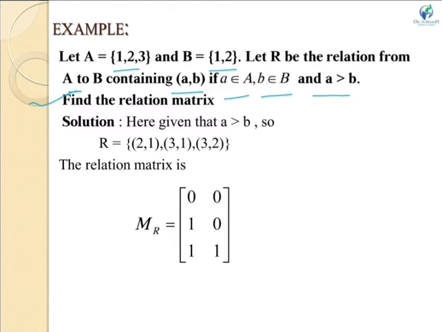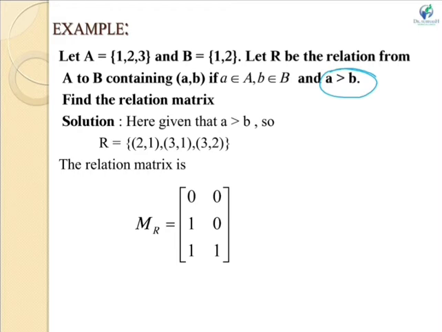First we have to construct the set R such that a is greater than b. That means the first element is greater than the second element. And we know that the first element of the ordered pair must be from set A and the second element must be from set B.